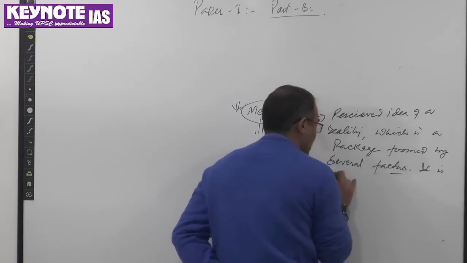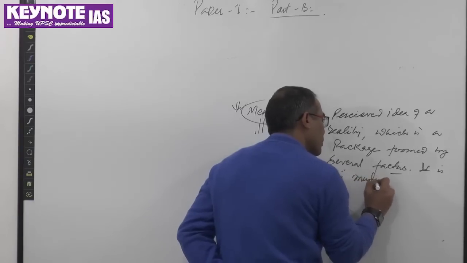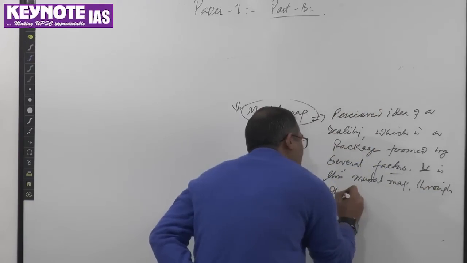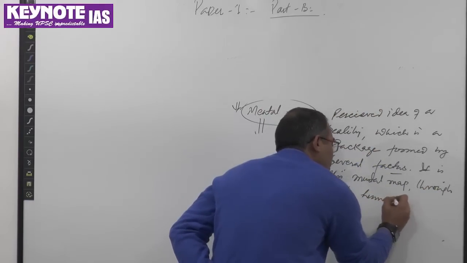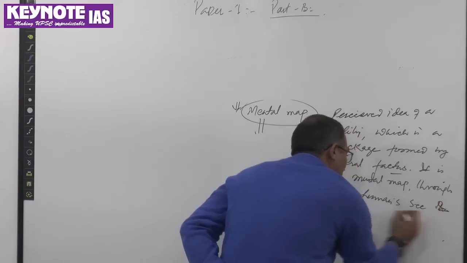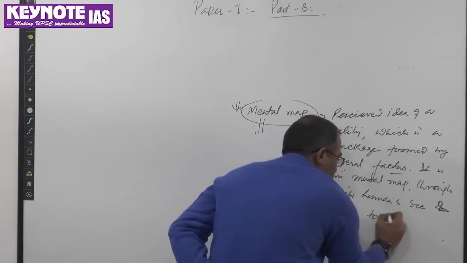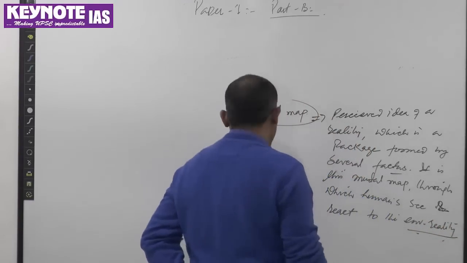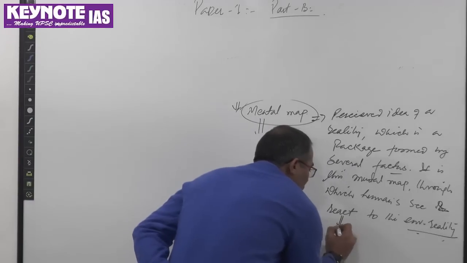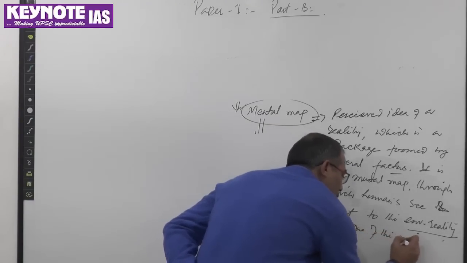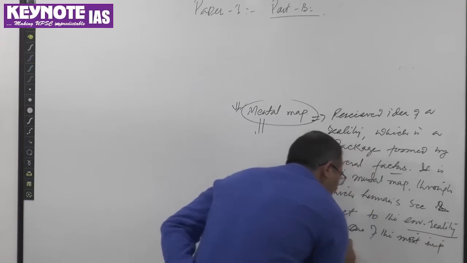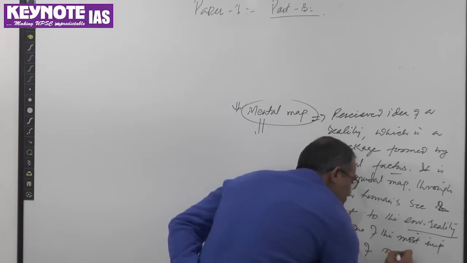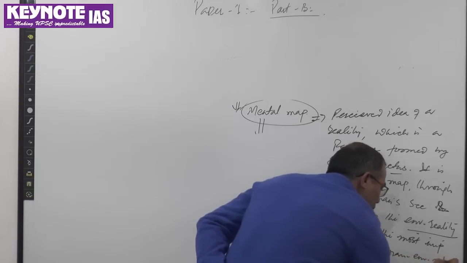It is this mental map through which humans see and react to the environmental or physical reality. One of the most important aspects of man-environment relationship.